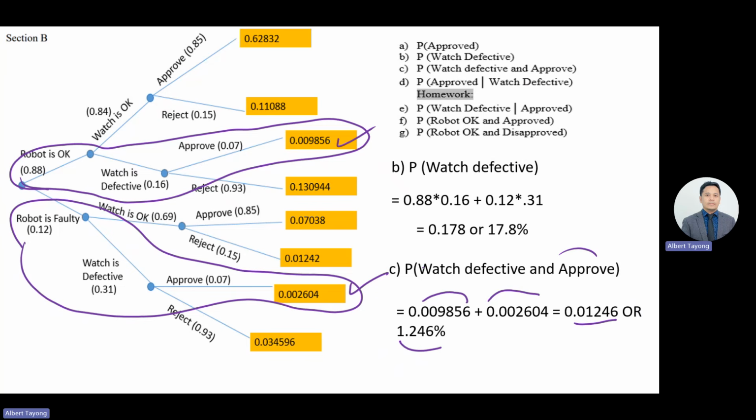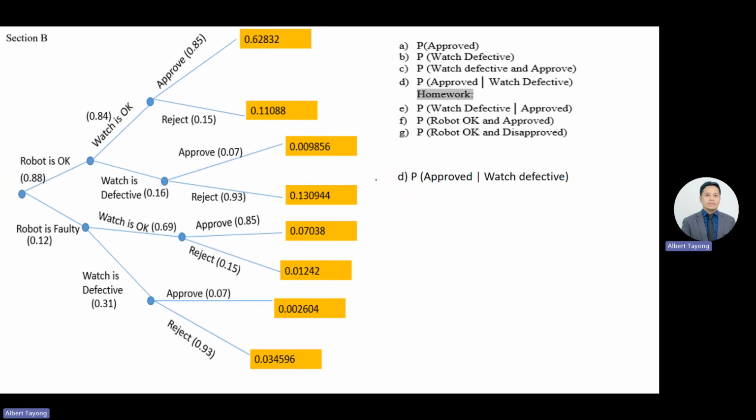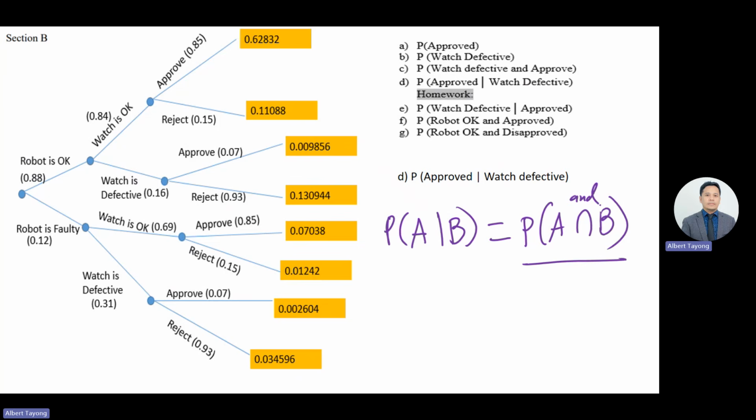Okay, let's now proceed to letter D. The probability of being approved given that watch is defective. So we're going to use this formula: P of A given B equals P of A intersection B, or and, then the second one will come down.